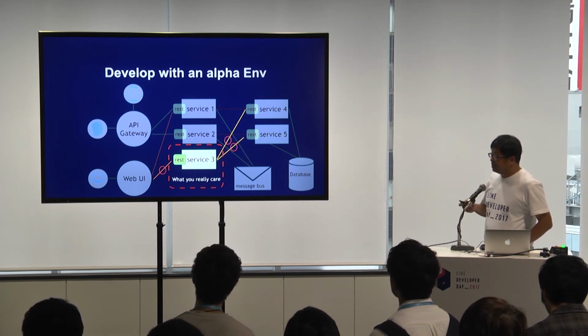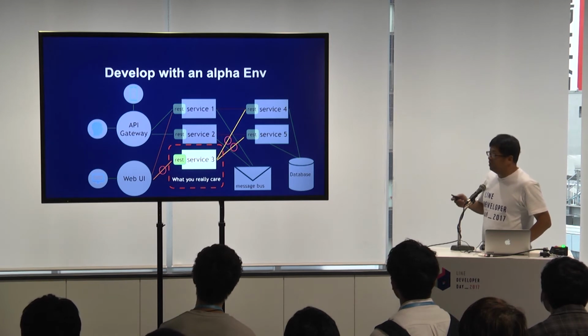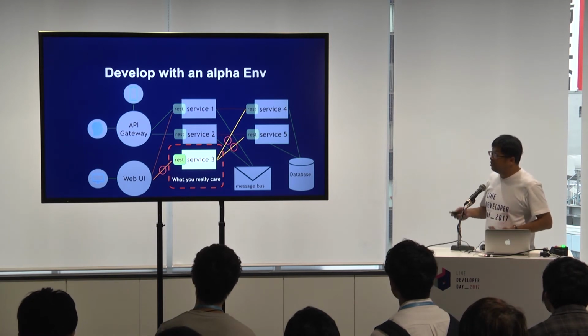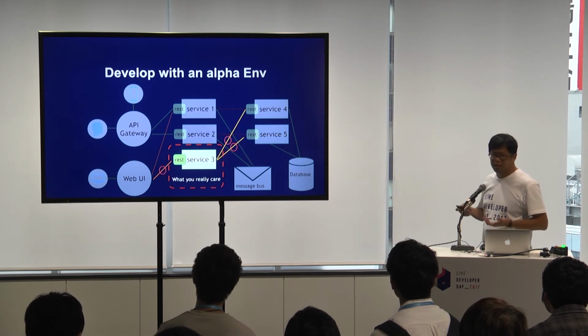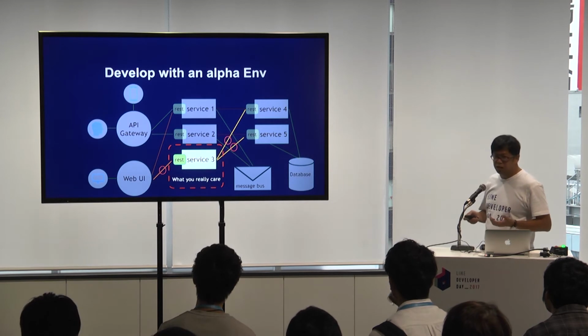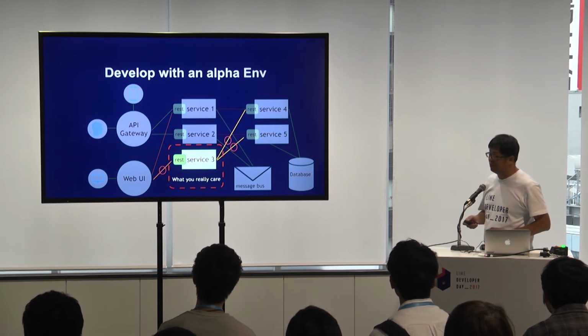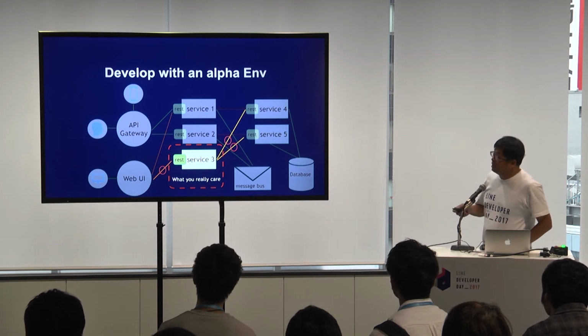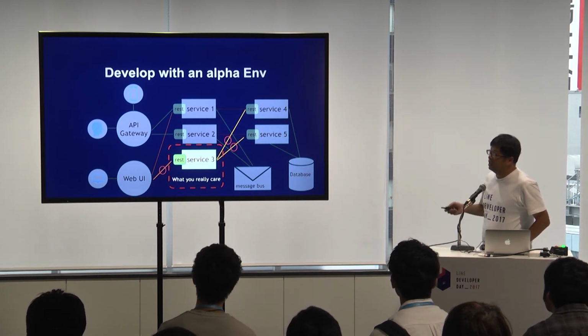But I am the developer of service 3, so I don't know what is implemented in service 4, service 5 or the web UI. But I do need to test before I commit my code. So this is the problem that we encounter in our daily life.